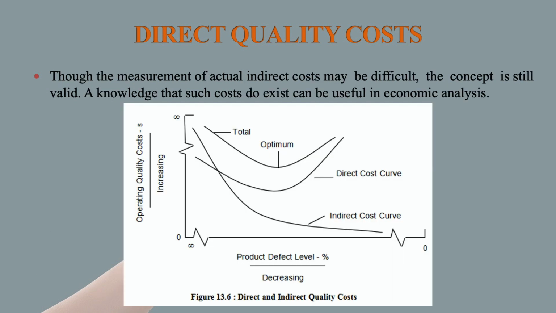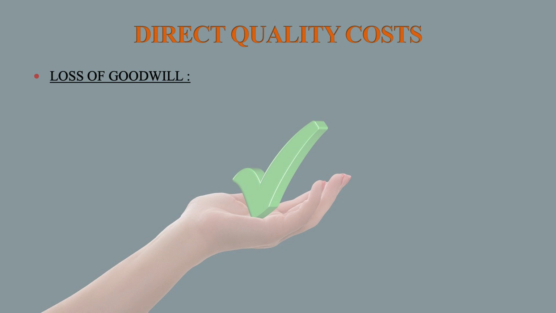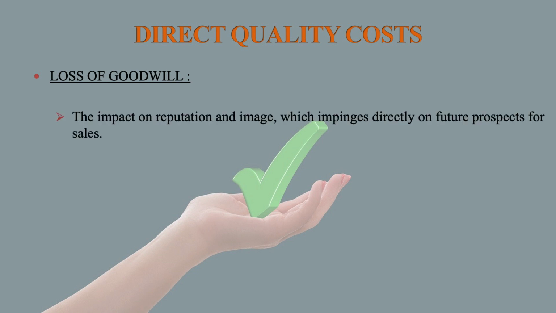Though the measurement of actual indirect cost may be difficult, the concept is still valid. A knowledge that such costs do exist can be useful in economic analysis. So loss of goodwill, the impact on reputation and image, impinges directly on future prospects for sales.